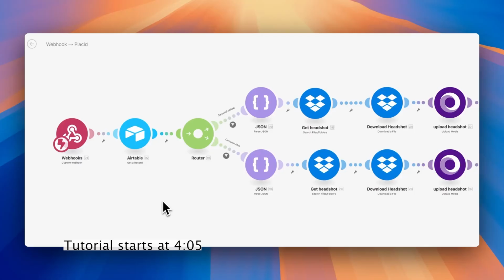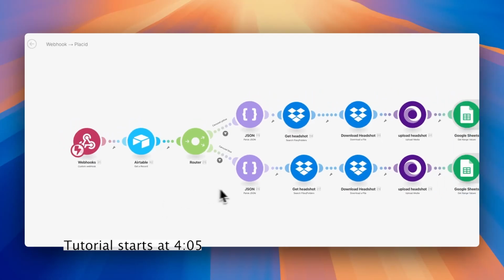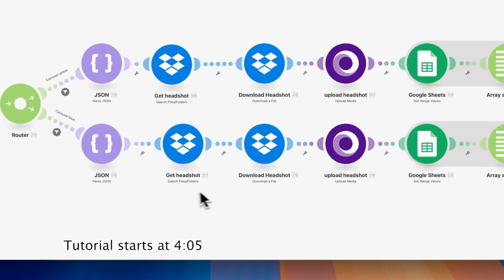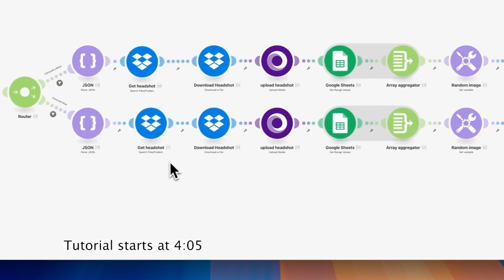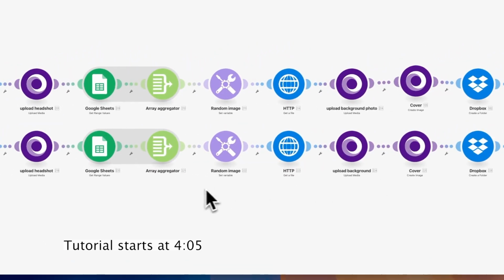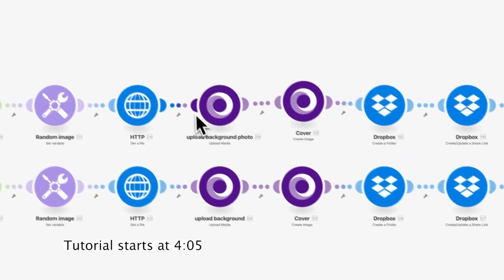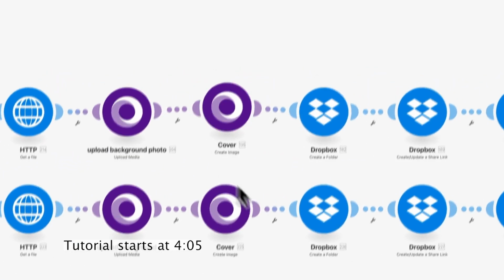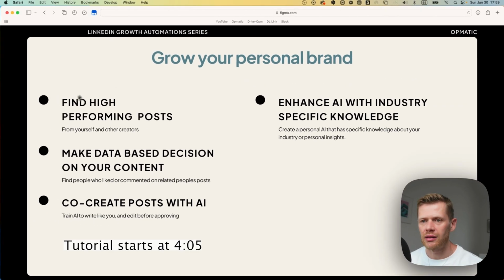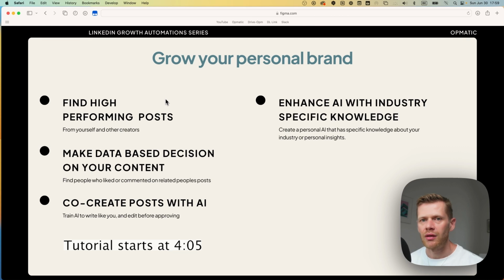I already built a carousel post creator that's super awesome. It can just accept a few lines and it will create a beautiful carousel post for LinkedIn. And also to grow your personal brand, the last few weeks I've been playing with the idea to create a kind of LinkedIn dashboard that will look at all the highest performing posts, both from yourself or from other creators, and that will inform you how to make the best decisions on what content to produce for your personal brand.